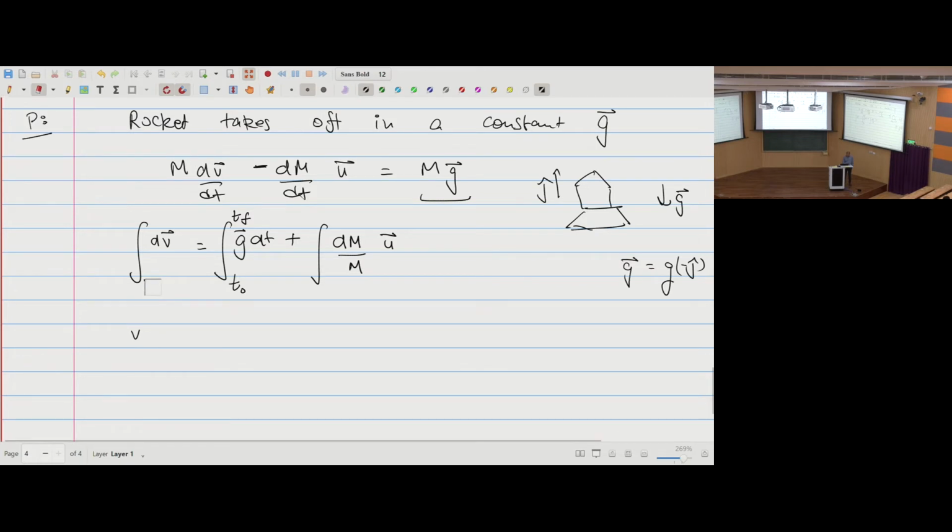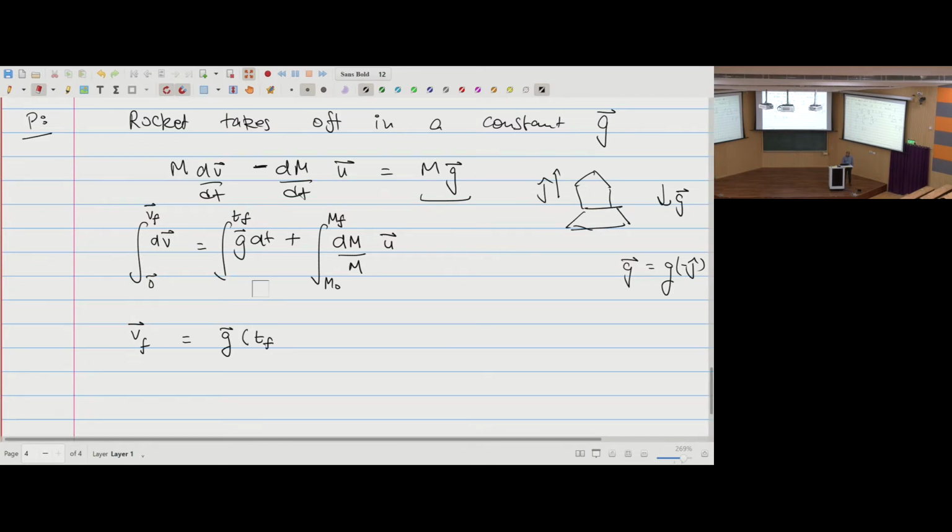This starts from 0 velocity. Let's say start from 0 time.